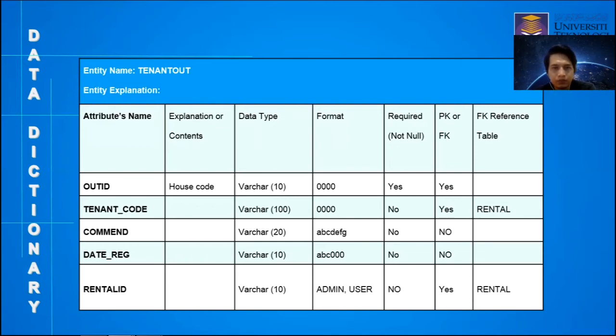The primary key here is the out ID, and we have two foreign keys, the tenant code and rental ID, which both reference the rental table. Now I will pass to my friend to explain the rest of the slides.